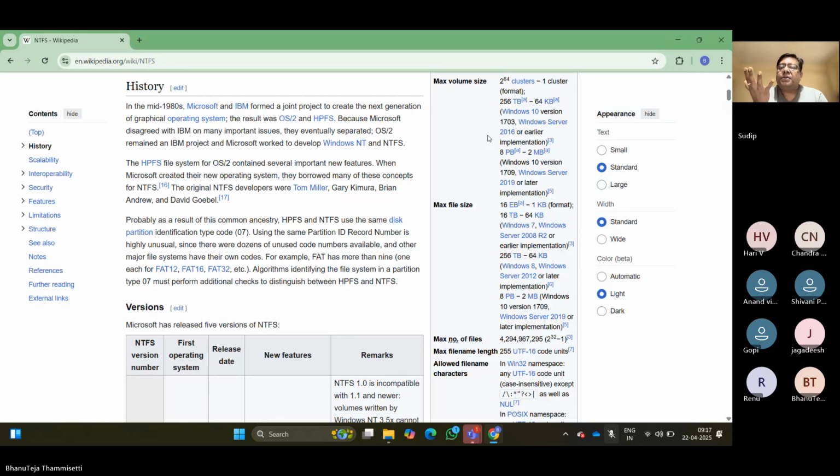These file systems also have limitations because they are ultimately nothing but specialized, specific-purpose software, which is running somewhere. And this software definitely has certain limitations.